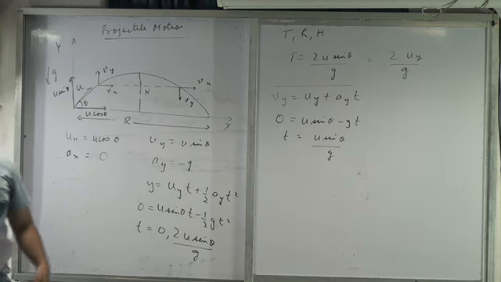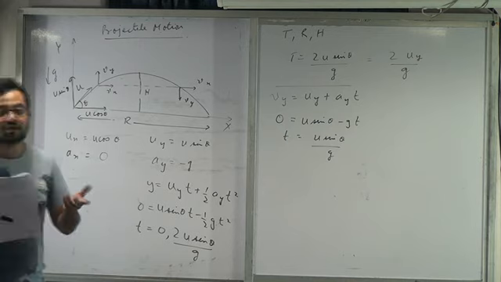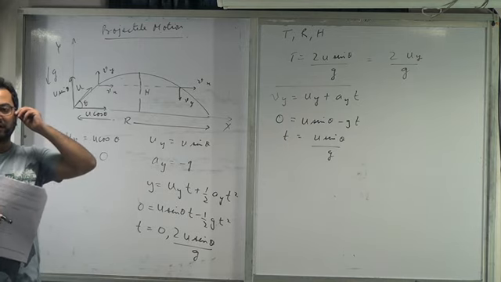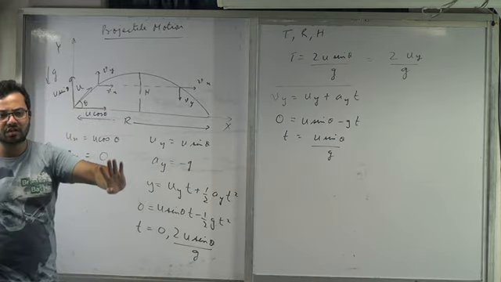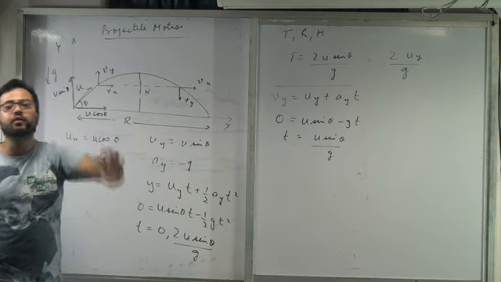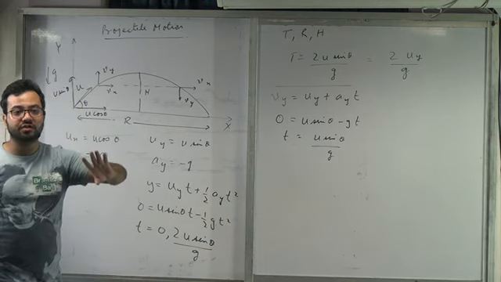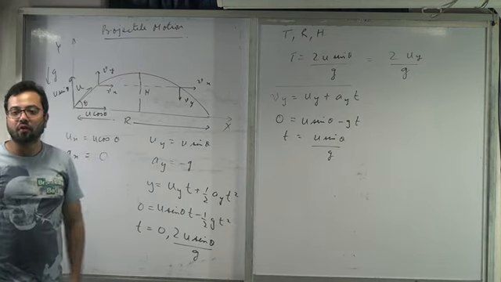The acceleration in the x direction is 0. What does that mean? Constant velocity, that's it. So the horizontal velocity is never going to change. Note this down. For a projectile motion, the horizontal velocity is never going to change. It is always going to be u cos theta, because there is no acceleration in the horizontal direction.